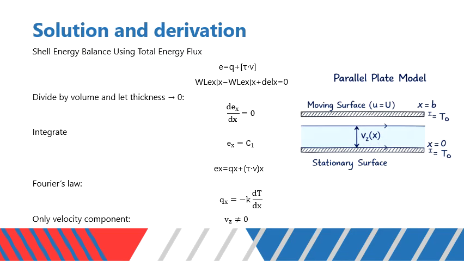So now we will do shell energy balance. We will do a derivation through shell energy balance using total energy flux. Heat conduction plus mechanical energy transfer is equals to q plus tau into Vx.